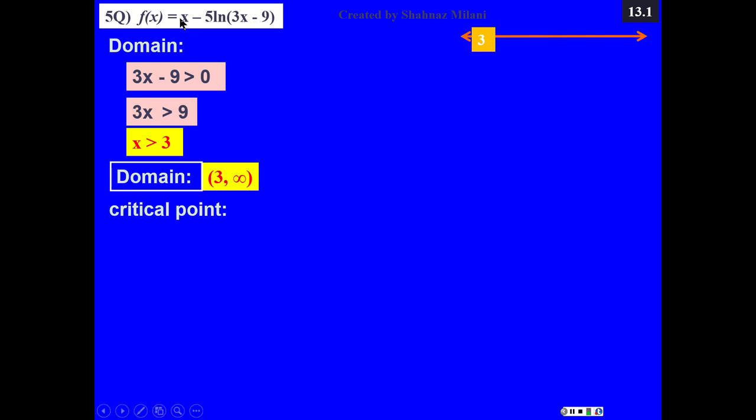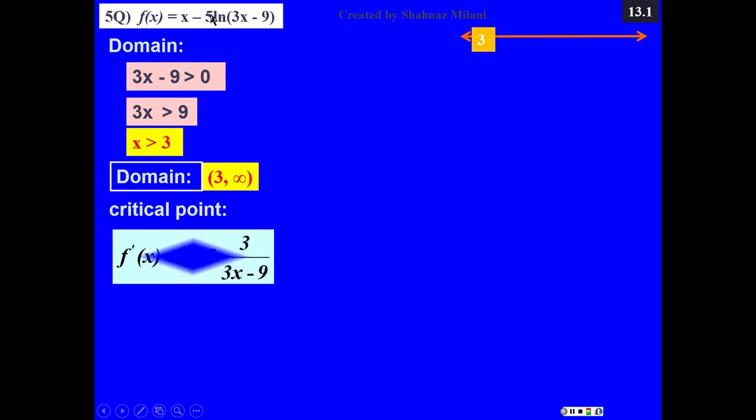Derivative of x is 1, and for the derivative of a natural log, this 5 is the coefficient, which I'm going to carry down. And then the derivative of 3x minus 9 is 3, divided by a carbon copy of 3x minus 9. This is the calculus, but we need to simplify.